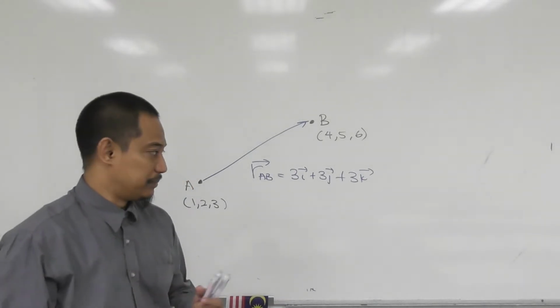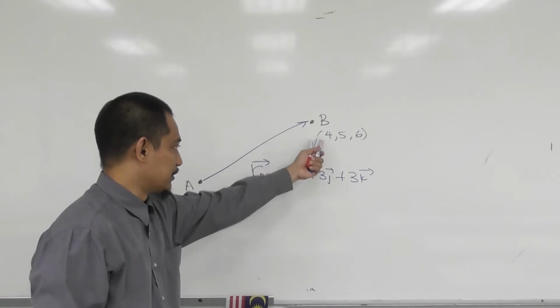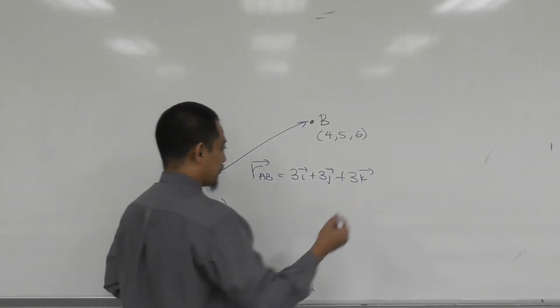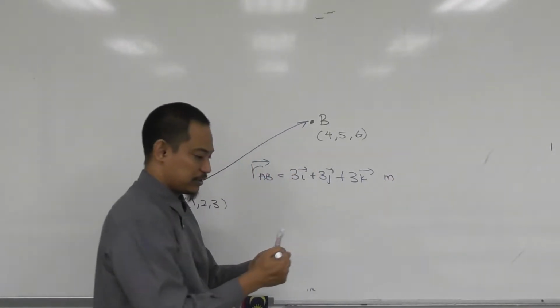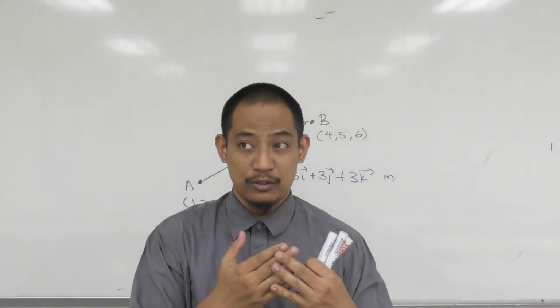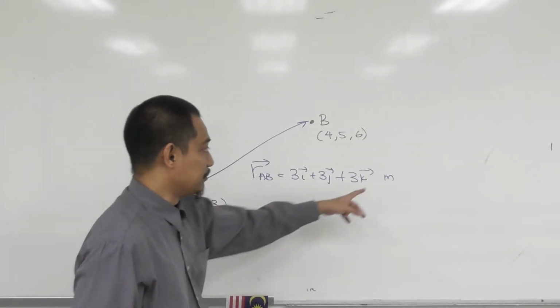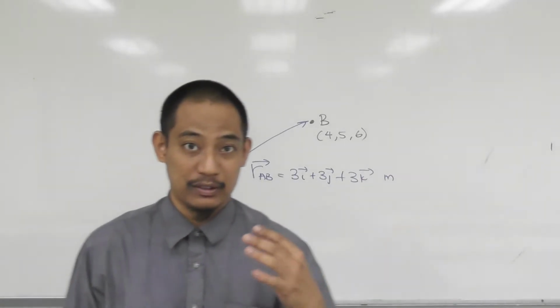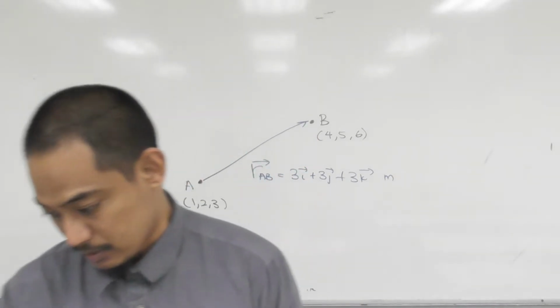Of course, the unit depends on the coordinates. If it is in meters, it will be meters, because it is an expression of displacement or distance, so it will be meters, millimeters, centimeters, whatever the coordinates give you.